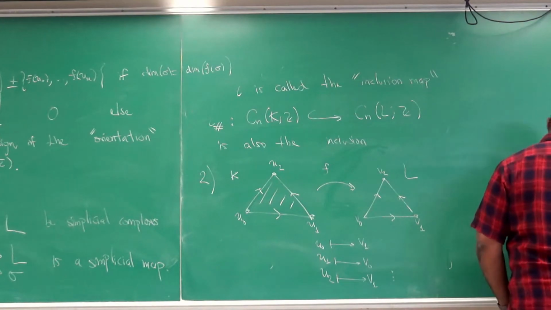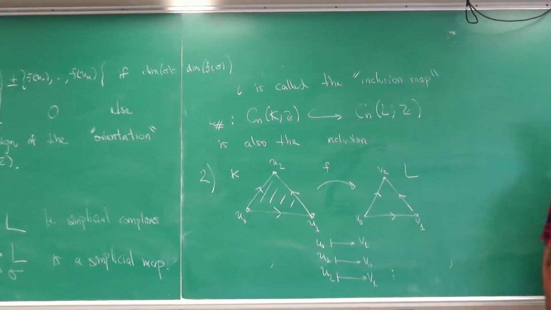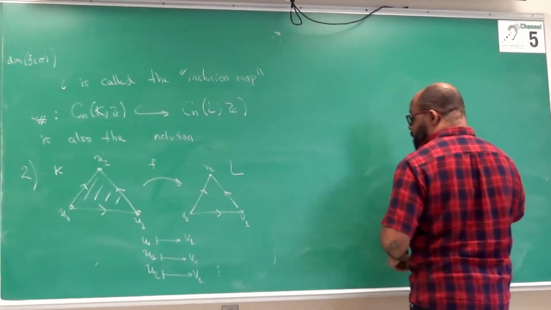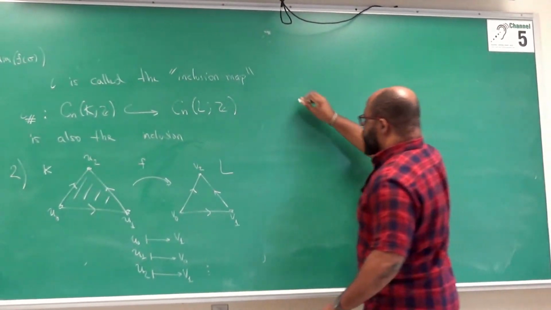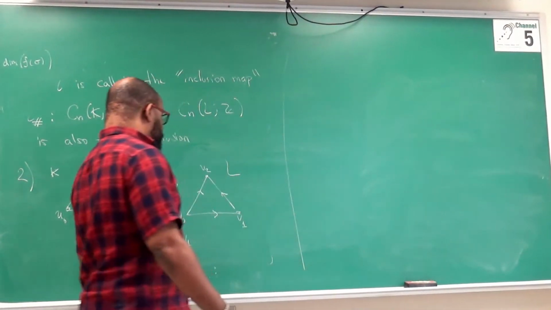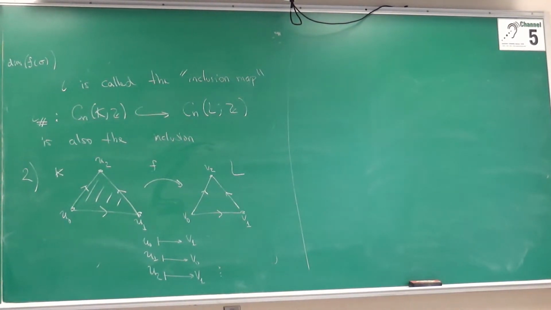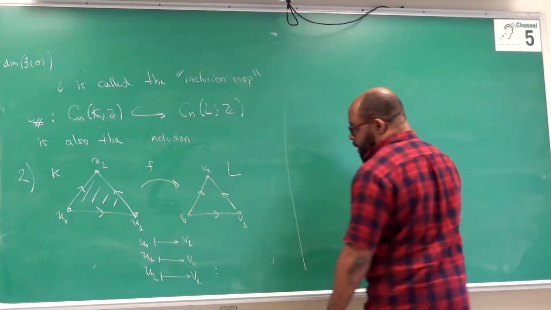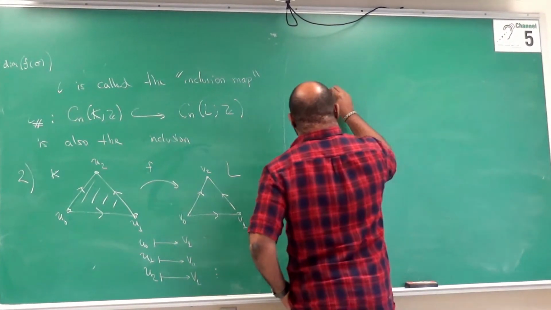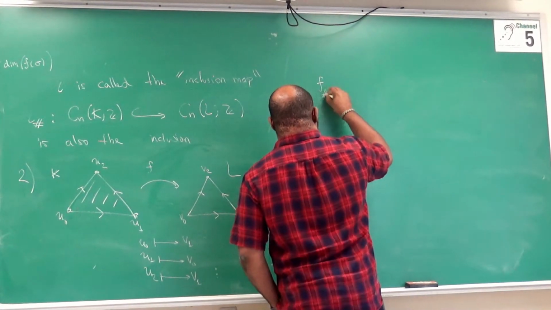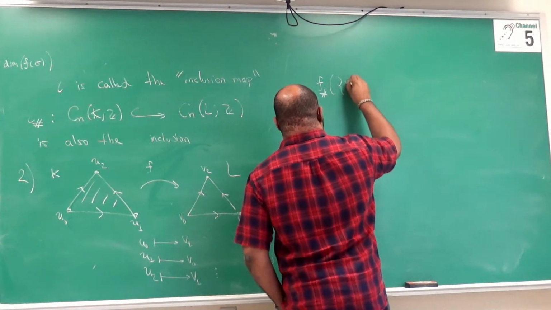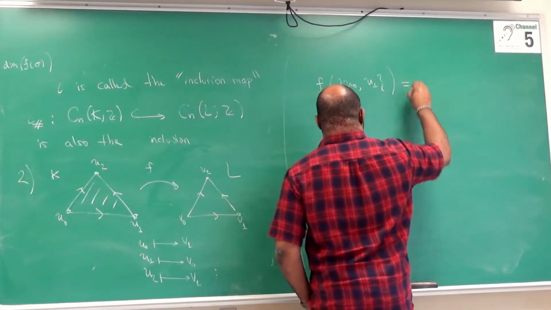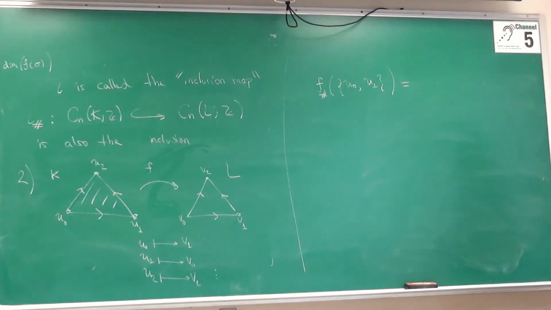Now let's try to think about, again, how the orientations are working out. So let's take, for example, again, 0, 1. So what is F sharp of [u0, u1]? Right.